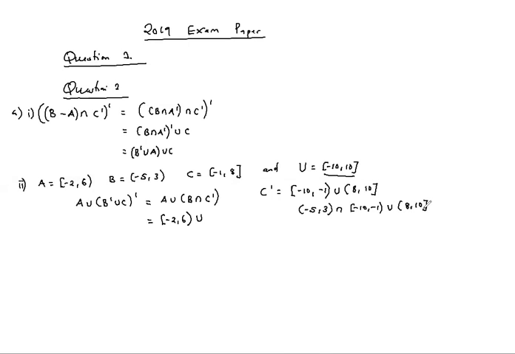The intersection here is the intersection of these two sets. Now if you draw a number line, you have -10 to -1, open there, closed here. This is part of C complement. You also have 8, not included, all the way up to 10, included. That is C complement.